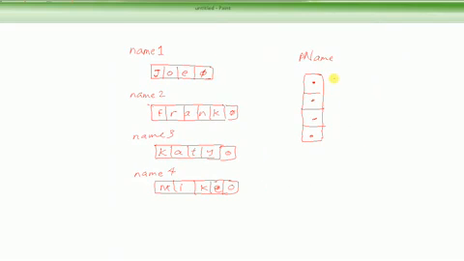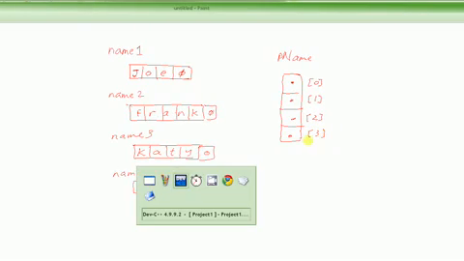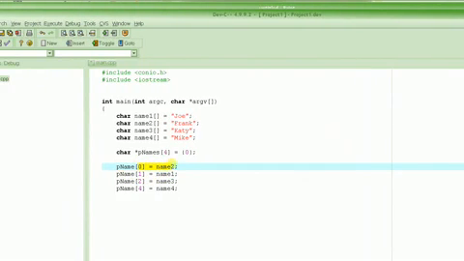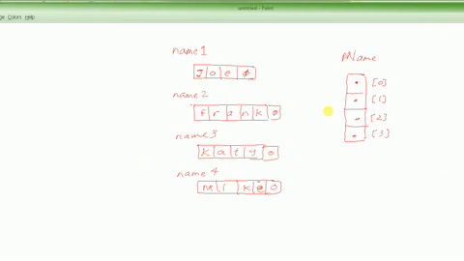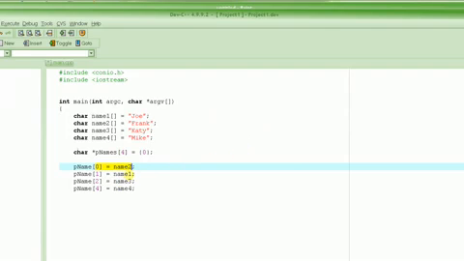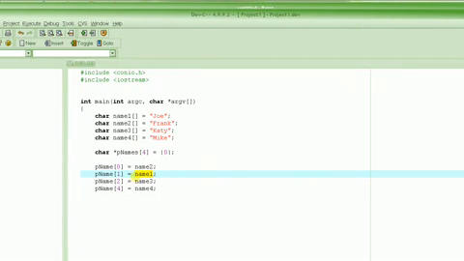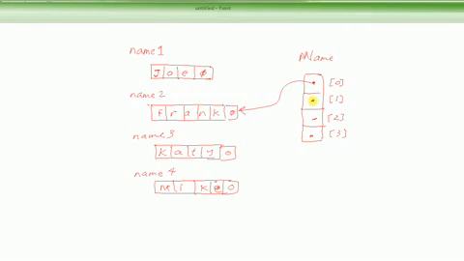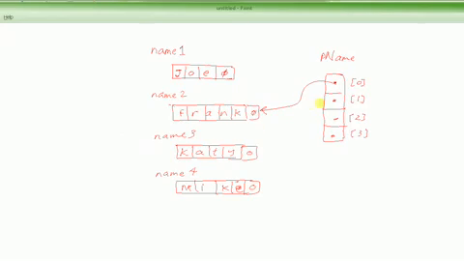This is pnames[0], this is pnames[1], this is pnames[2], and this is pnames[3]. In pnames[0], we are storing the address of name2. That will make pnames[0] point here. Then the address of name1, we are storing it in here, so that will make it point here.